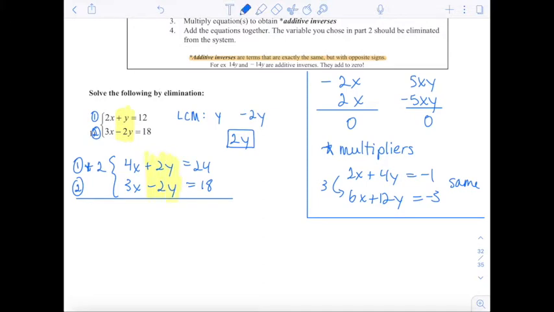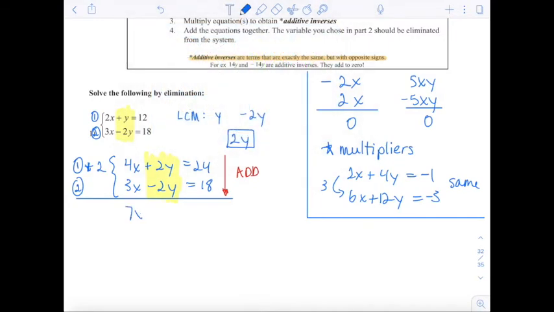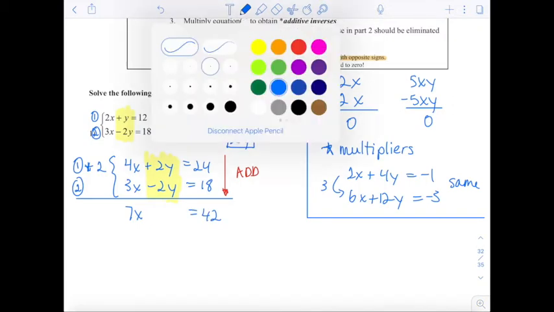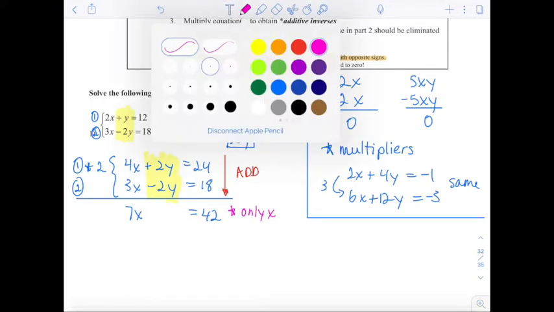So now my next step is to add these two equations together. I get 7x plus 0, which I'm not going to write down, equals 42. Note that in this line I should have only an x term, because I have successfully eliminated y.